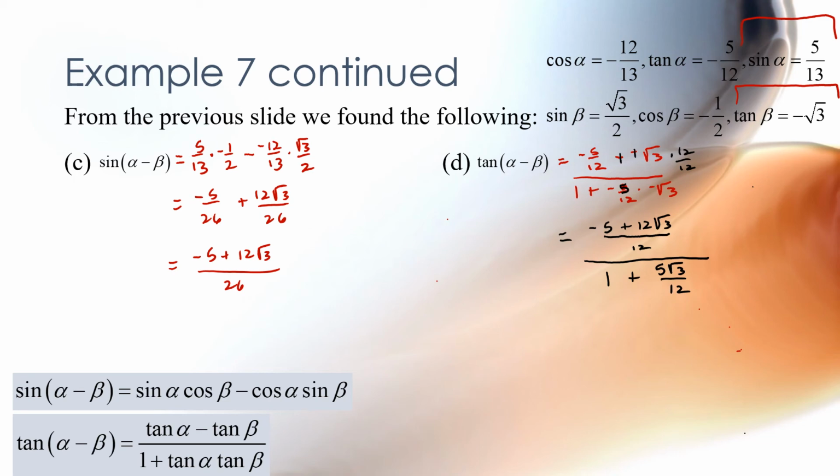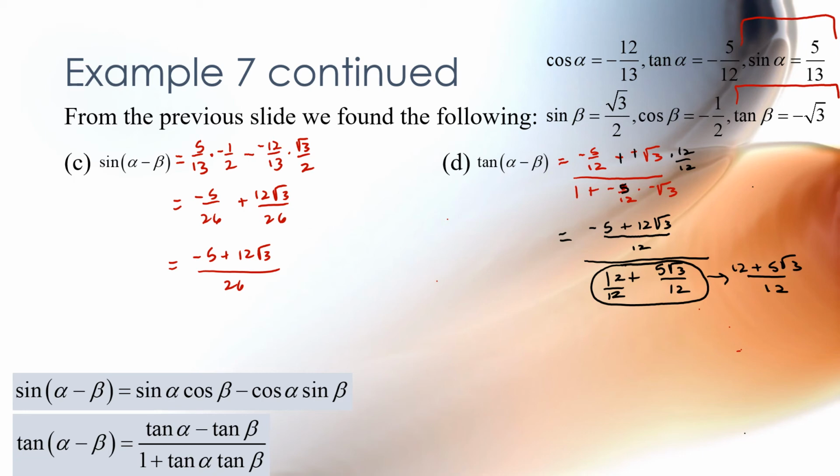And 1 can be rewritten as 12 over 12, right? And so, again, I've got a common denominator. In fact, if I had more space, I would rewrite it, but that part becomes 12 plus 5 root 3 over 12.